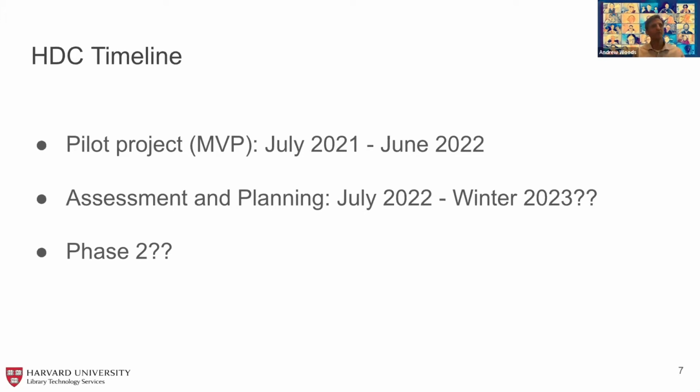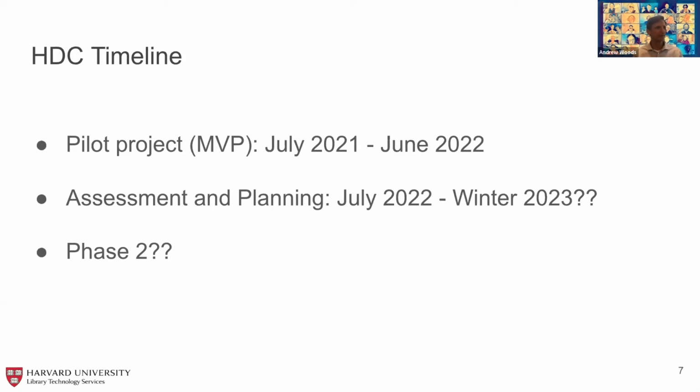Then, based on this MVP, based on this pilot project, we're taking a step back and doing some assessment, doing some analysis, working with stakeholders, and defining the strategic direction for how we want to implement the next phase or next evolution of what we have prototyped.